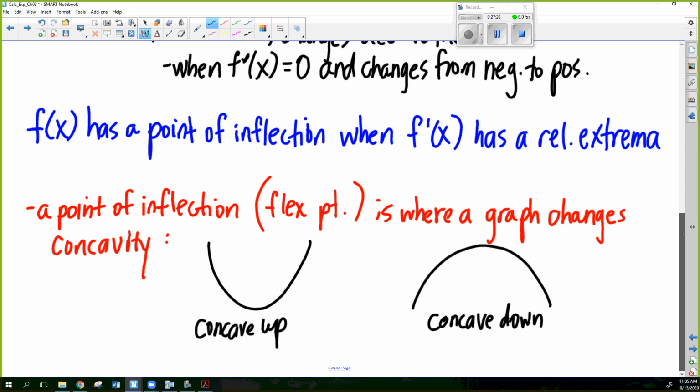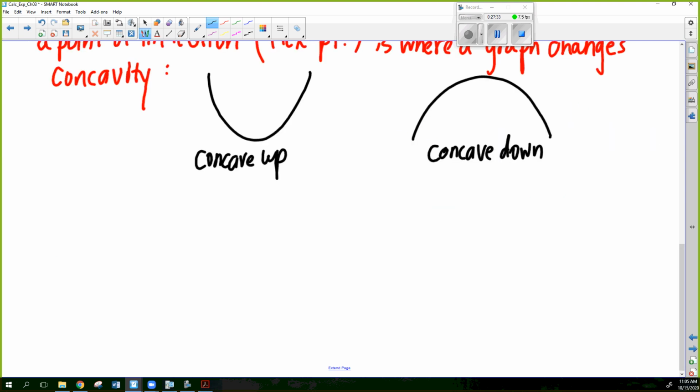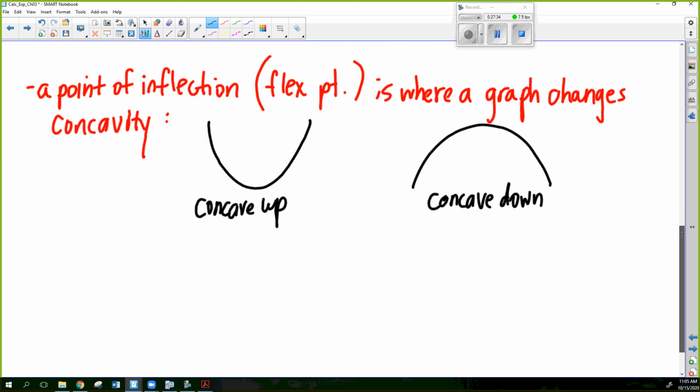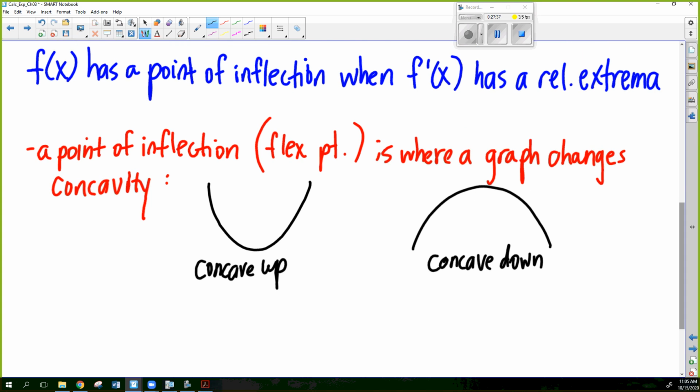Now let's bring back the idea of a relative extrema on f prime. How do you have an extrema? What has to happen? It has to change from increasing to decreasing or decreasing to increasing. Let me make sure I say it the way I want to say it.